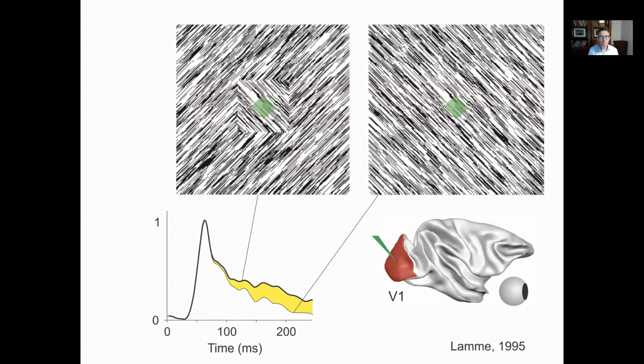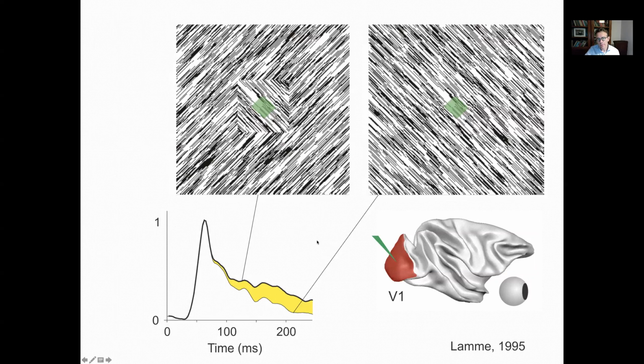So how does this work in the visual brain? Well, the proposal is that it requires these recurrent connections. That this is the case was already evident from the work of Victor Lamme, with whom I collaborated a lot on this project.